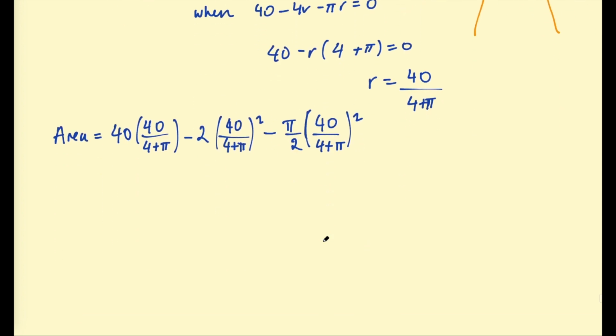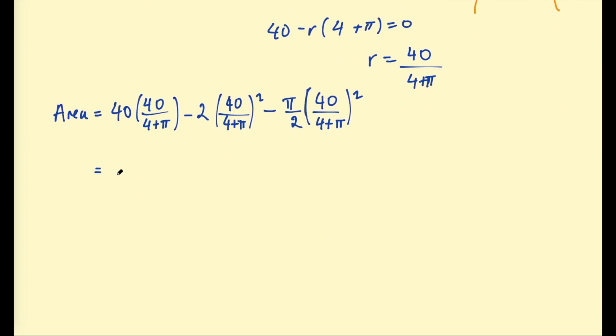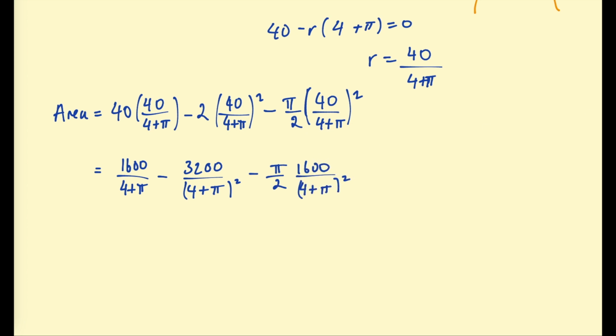Let's see what we can do with this now. So the first term is going to be 1600 over 4 plus pi. Then the second term will be 1600, 40 squared is 1600, times 2, 3200 over (4 plus pi) squared. And then subtract pi on 2 multiplied by 1600 again over (4 plus pi) all squared. Let's cancel this 2 here. So that will give us 800 in the numerator, 800 pi.